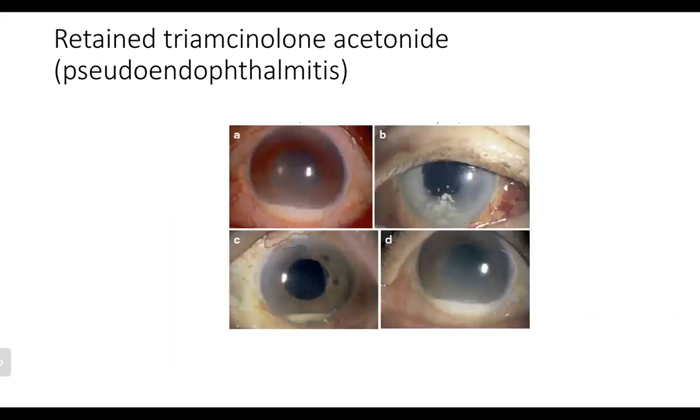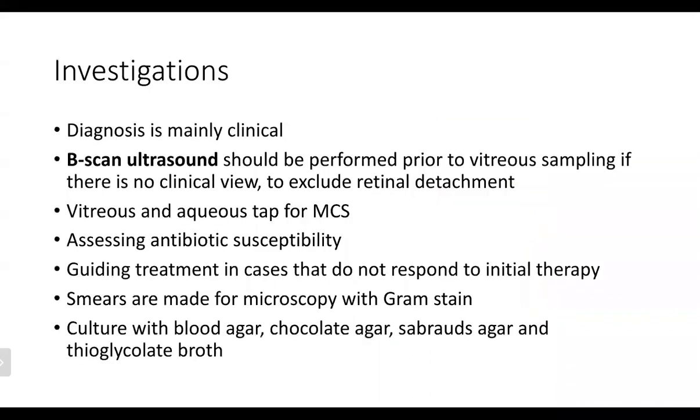For retained triamcinolone acetonide, patients that have had intravitreal injection of triamcinolone may have precipitates or debris in the anterior chamber that can settle and look like hypopion, mimicking endophthalmitis. However, history of that injection and other signs may be a distinguishing feature.